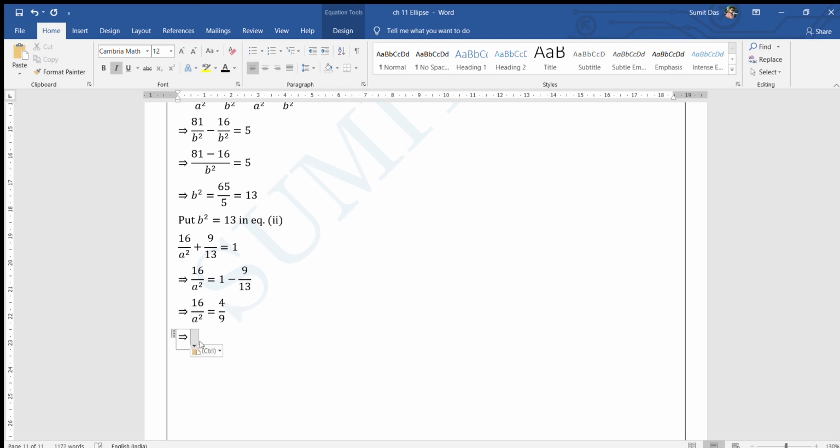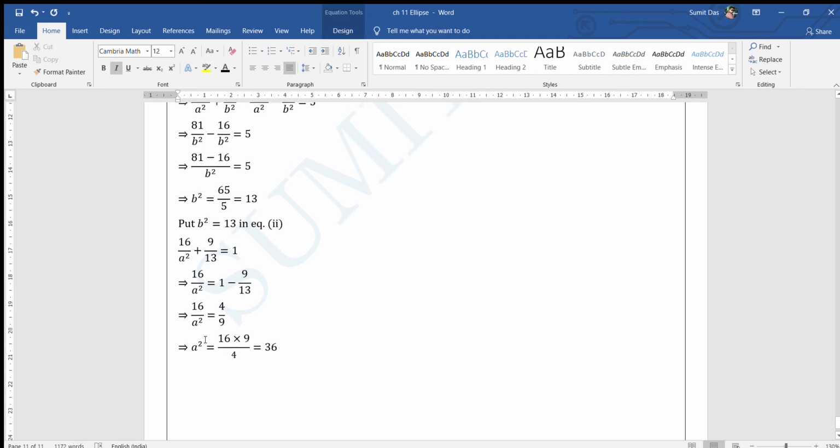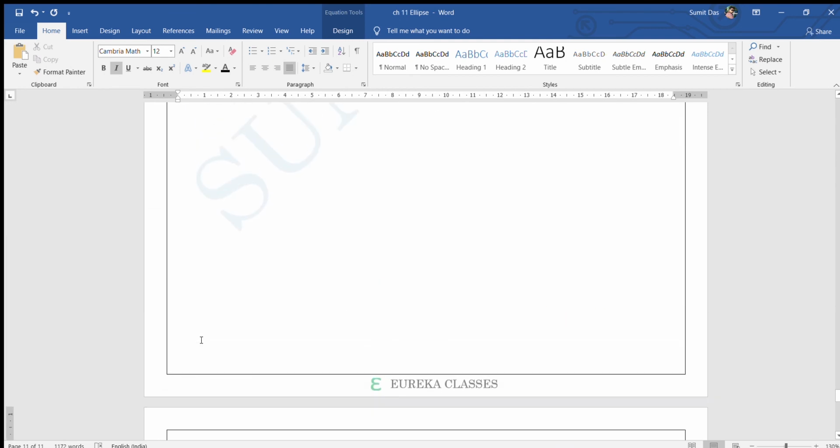Therefore, next line you can write a square equal to 16 into 9. If you simplify this one, it will be 36. Okay, a square value is 36 and b square we already got.